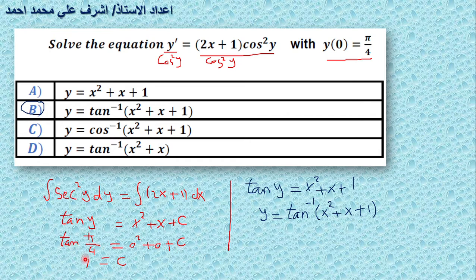Tan pi over 4 equals 1, so c equals 1. So tan y equals x squared plus x plus 1. To solve this equation for y, we'll transfer tan to the other side as tan inverse or arctan. So y equals tan inverse of (x squared plus x plus 1).